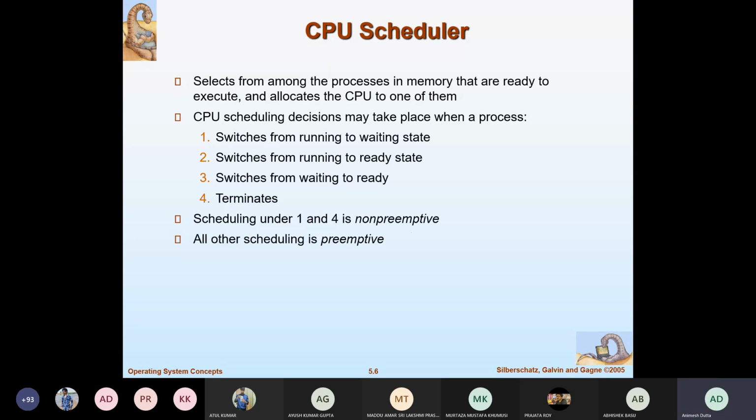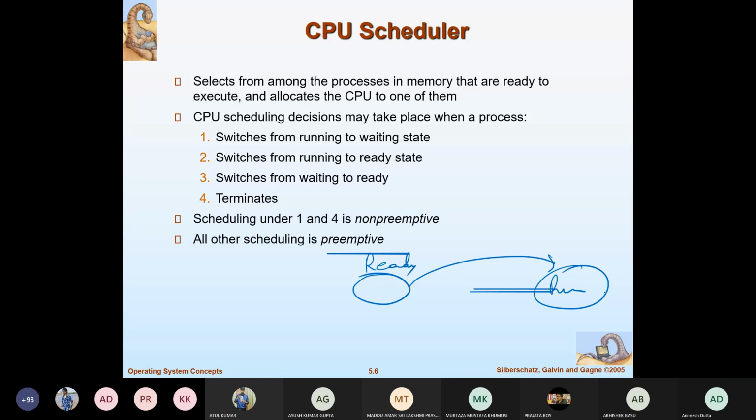So what is the CPU scheduler? If you remember, we have discussed this thing. This is my ready queue. Run state. Wait. Then again ready. Terminate.